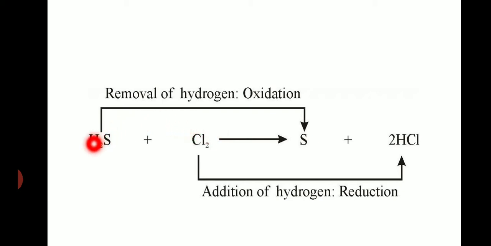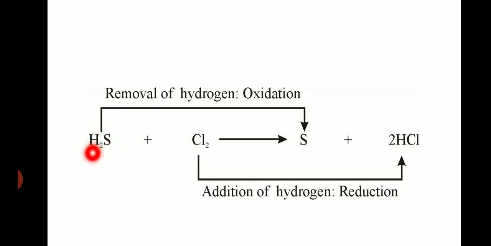At the same time, where does reduction take place? Here. So how is it reduced? By the addition of hydrogen. Who gives hydrogen to chlorine? Hydrogen sulfide only is giving hydrogen to chlorine. That means hydrogen sulfide acts as a reducing agent.